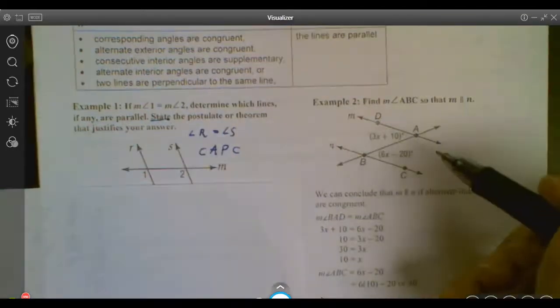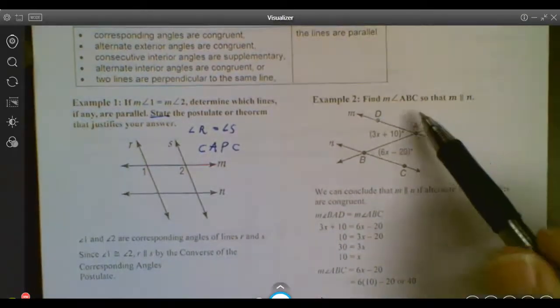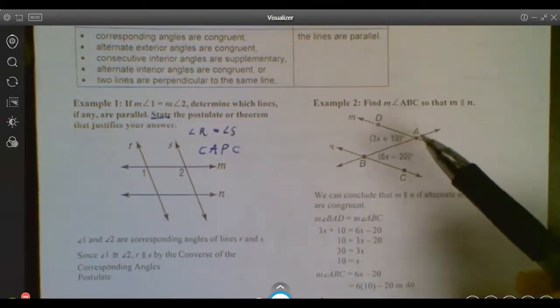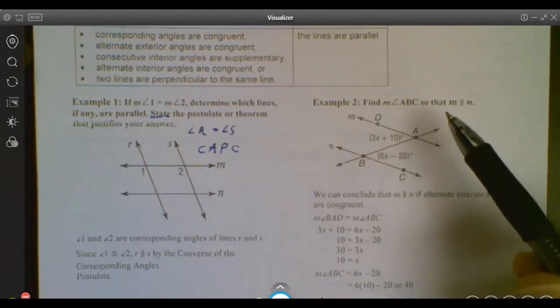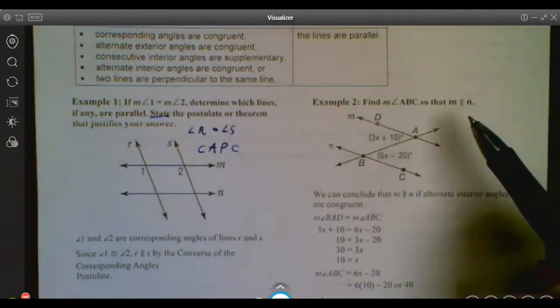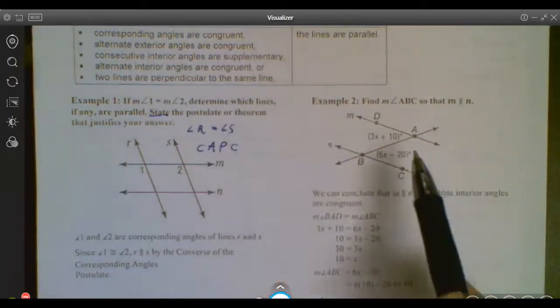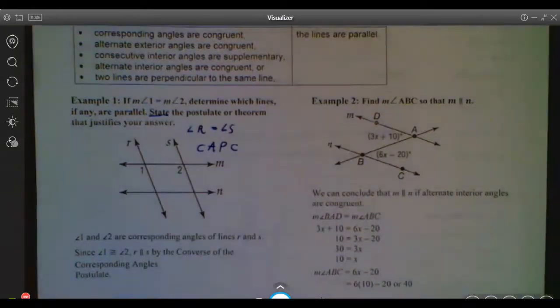One of the other things we'll be doing with these is a little algebra. So if you look at these guys, again, what must be true about this and this in order for M to be parallel to N? And so the way we would read one of these statements is if you look at these two pieces of information for these angles, we know those as alternate interior angles.